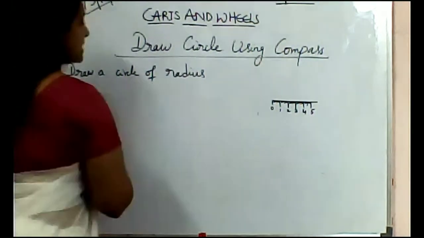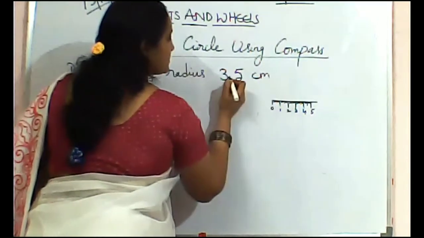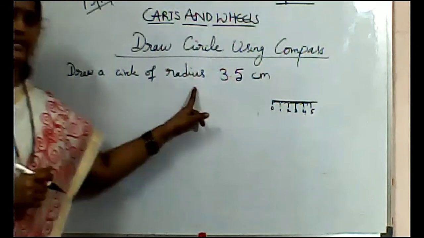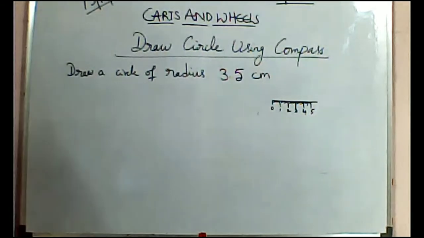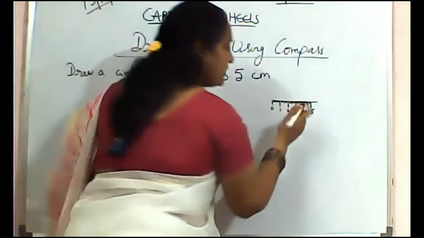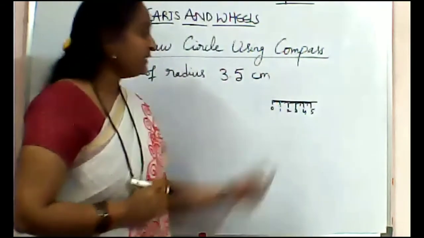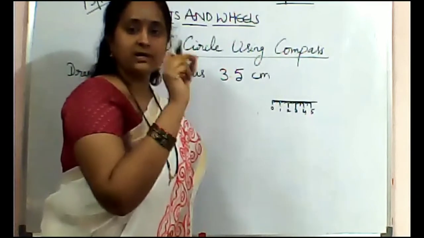Draw a circle of radius 3.5 centimeters. So how will you take 3.5 centimeters? This is 0, 1, 2, 3. In between on your scale, you can find one line between 3 and 4. Check it, a little bit bigger line than the smaller divisions.